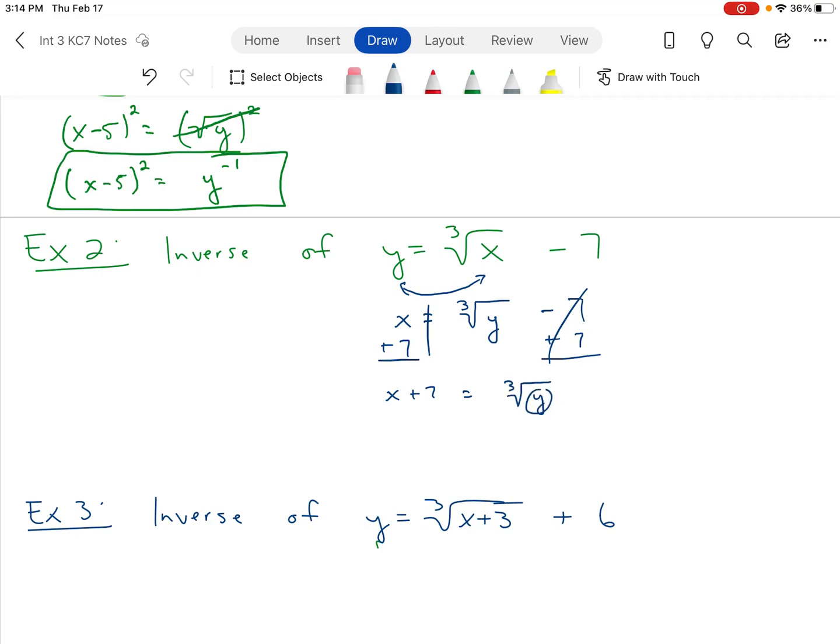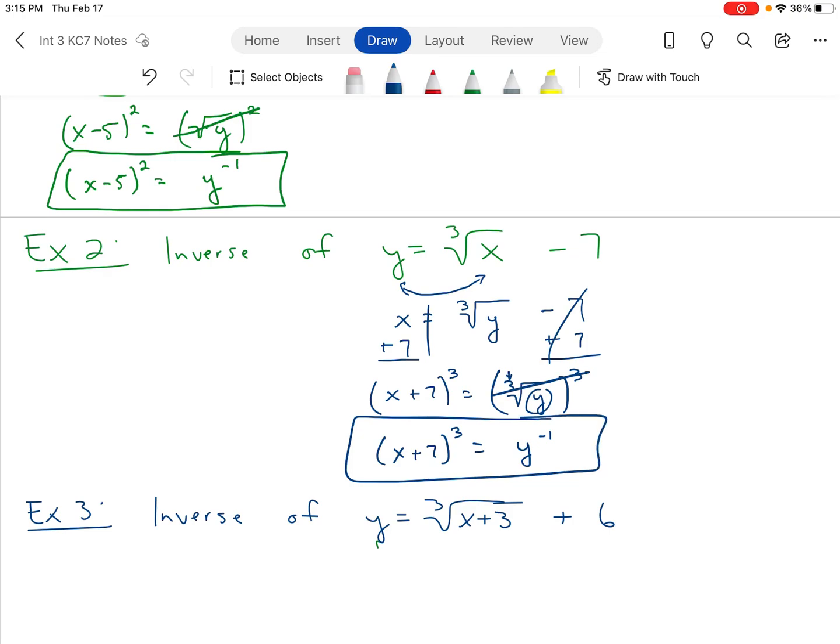Now to get y by itself, I need to get rid of this index number 3, and I can cube it instead of squaring both sides. So these cancel out, and I'm left with y by itself and x plus 7 cubed on the other side. And again, I could use that -1 to denote that this is an inverse.